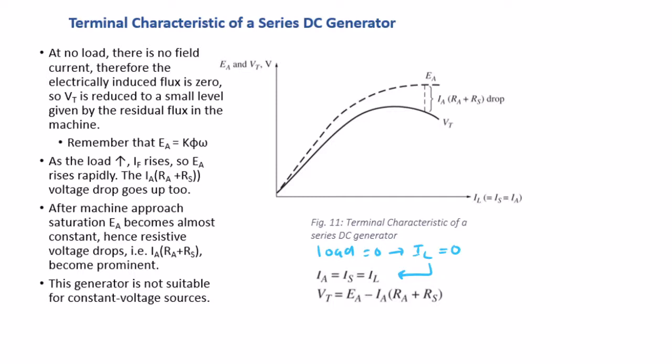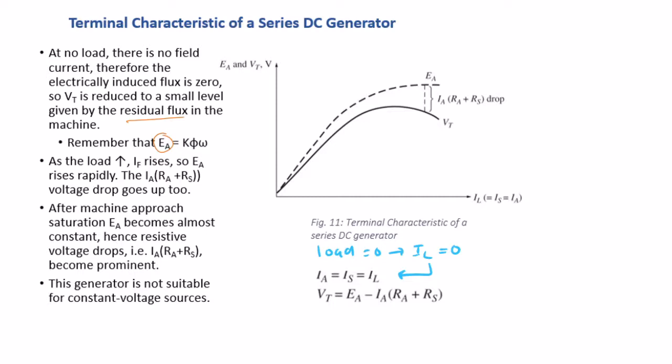So there is no flux induced by the field current. However, as we learned with the previous type of DC generator, there is a residual flux, and therefore some EA is already generated there, although there is no flux induced by the field current.